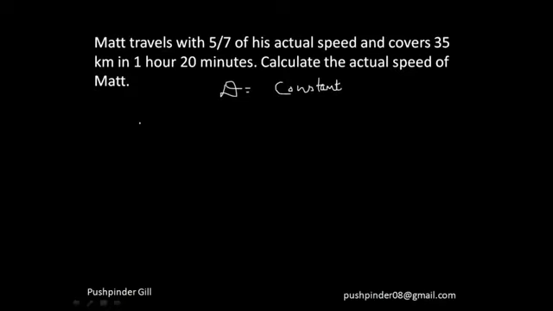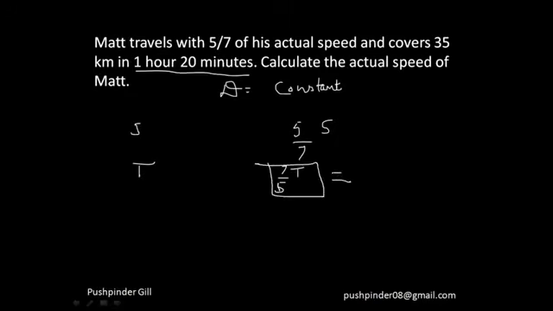Fine. So now if he was traveling at speed s, now he would be traveling at 5/7 s speed. So earlier if he was taking t hours, now he'd be taking 7/5 t hours. Now he has given you that he takes this much time, so this entity is equal to 1 hour 20 minutes, which is nothing but 60 plus 20, that is 80 minutes.